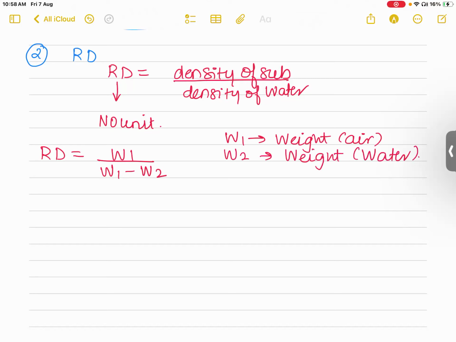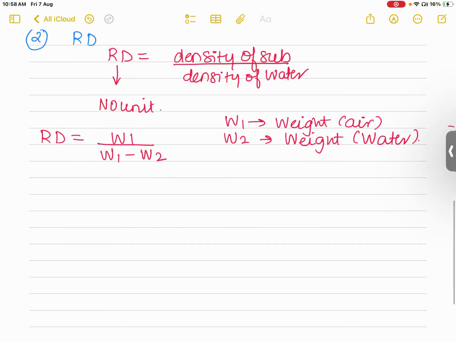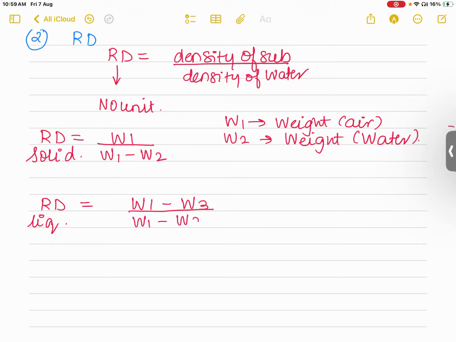To be very precise, guys, it is in water. One more formula we have for calculating RD: this one is the relative density for a solid, students. The other formula is the relative density for a liquid. So the formula for the relative density of a liquid is W1 minus W3 upon W1 minus W2.